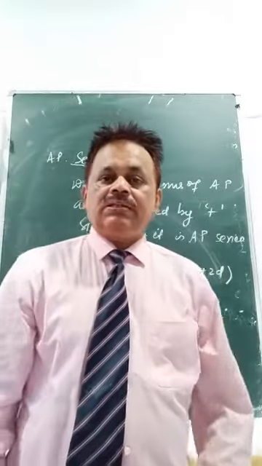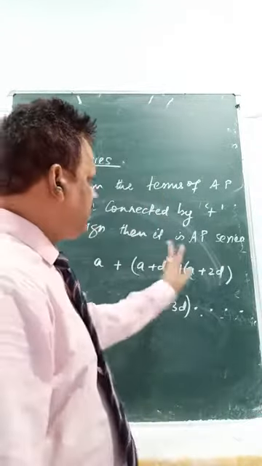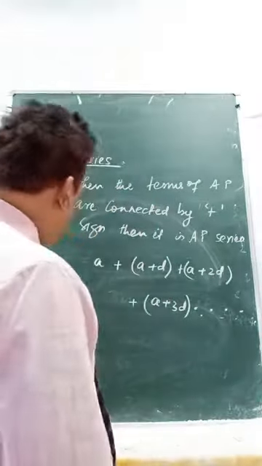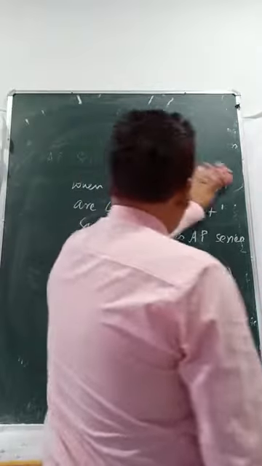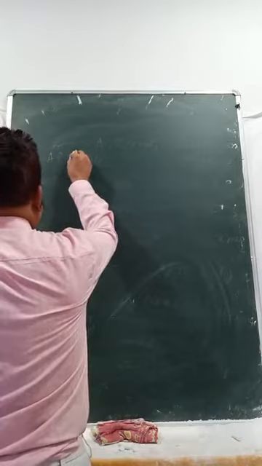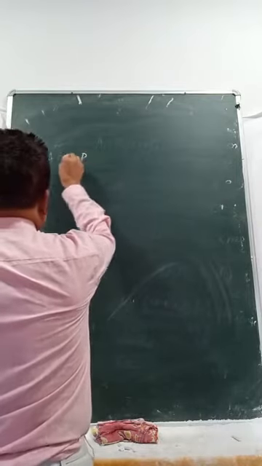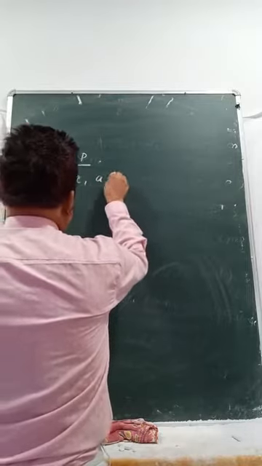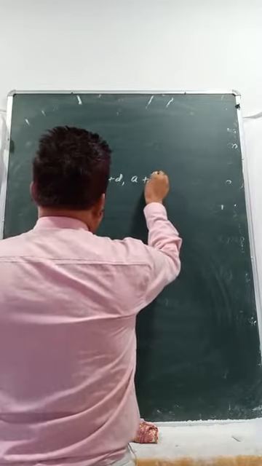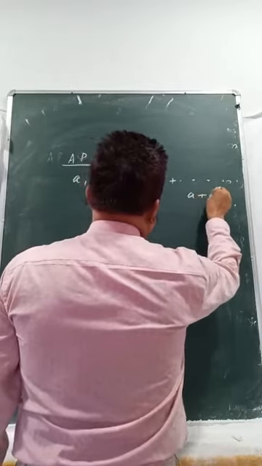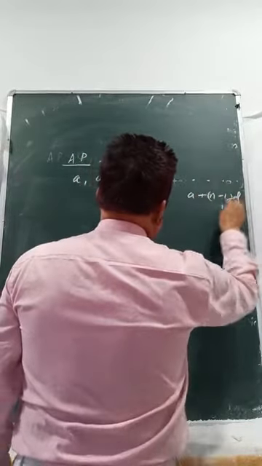The sequence connected by plus sign will be called as series. So series you will be studying. Now, if I come back to a question here, in the AP series, a plus d, a plus 2d, a plus n minus 1 into d.